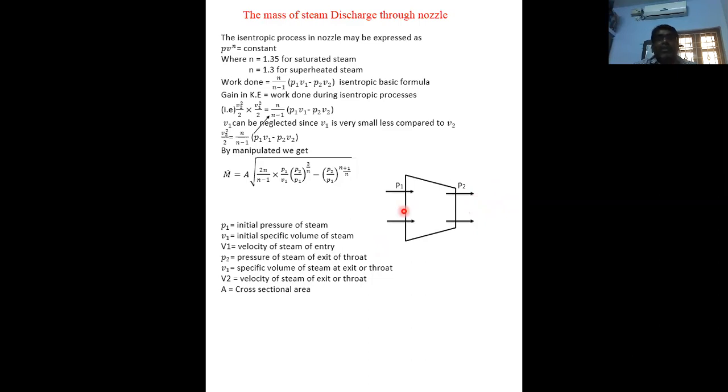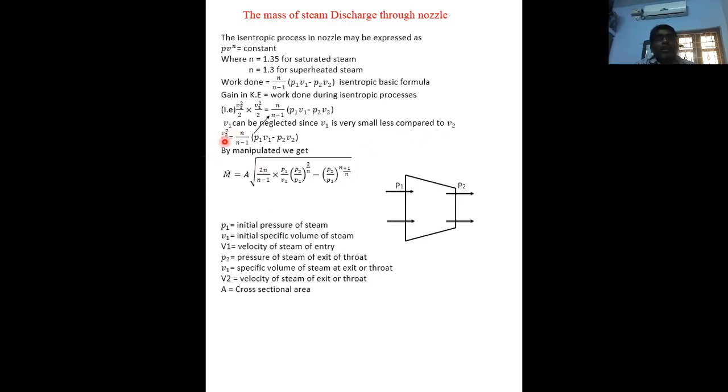To obtain the kinetic energy, V2 squared by 2 minus V1 squared by 2 equals n divided by (n minus 1) times (P1 V1 minus P2 V2). Here V1 can be neglected, because the exit velocity is very high compared to the initial velocity; it is very small compared to V2.